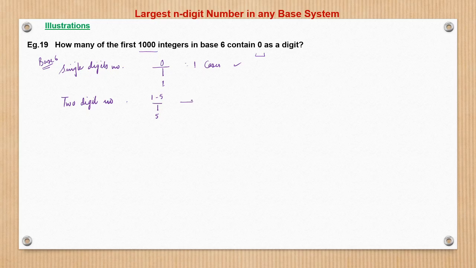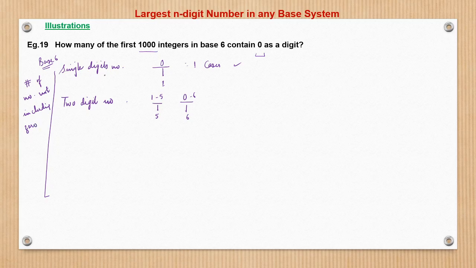Let us find the total number of numbers not including 0.